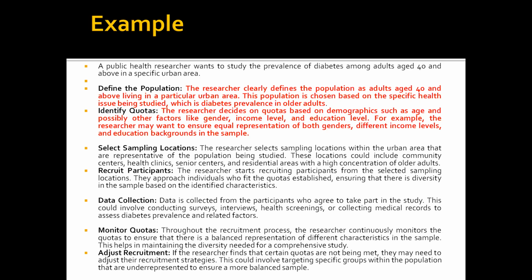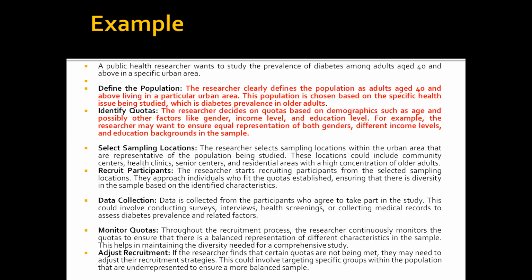While he is recruiting and administering his questionnaire, the researcher will continuously monitor throughout the recruitment process to ensure that there is a balanced representation of different characteristics in the sample. This helps in maintaining the diversity needed for a comprehensive study.